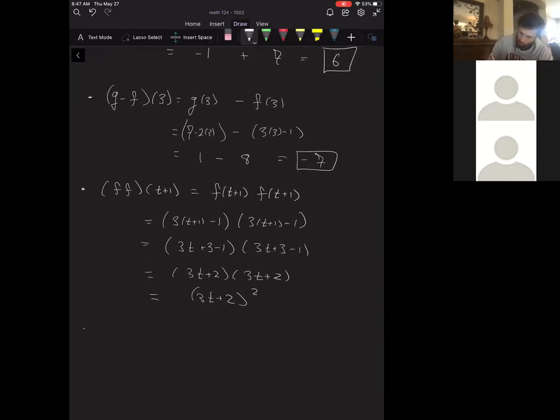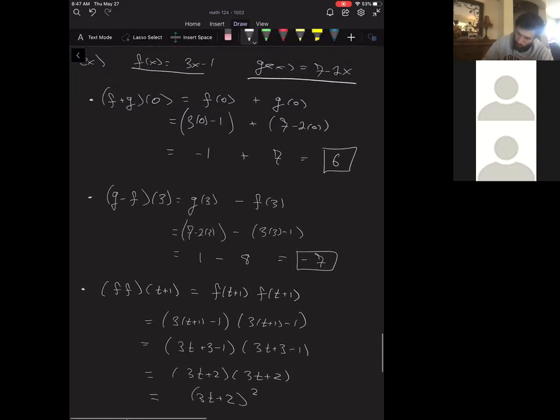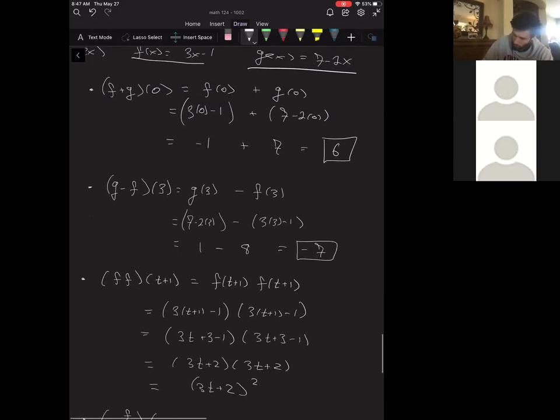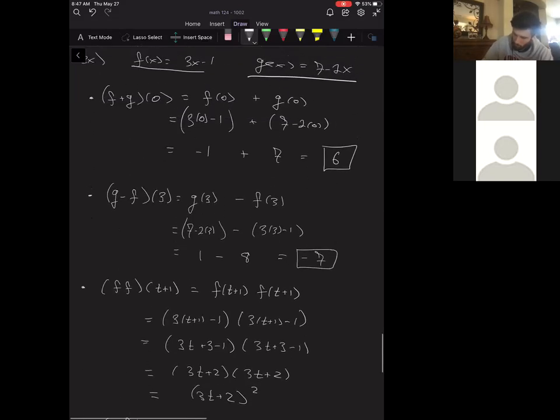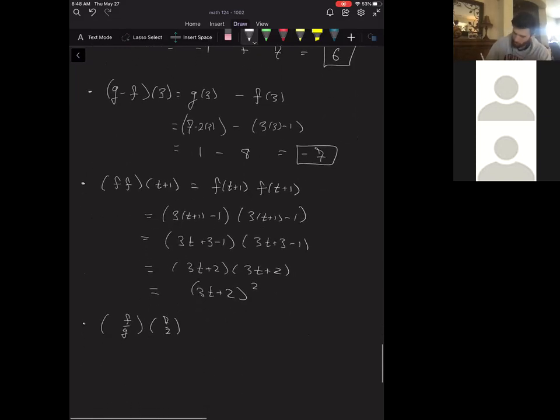Let's do one more. How about f divided by g of 7 over 2? So this is going to equal f of 7 over 2 divided by g of 7 over 2.